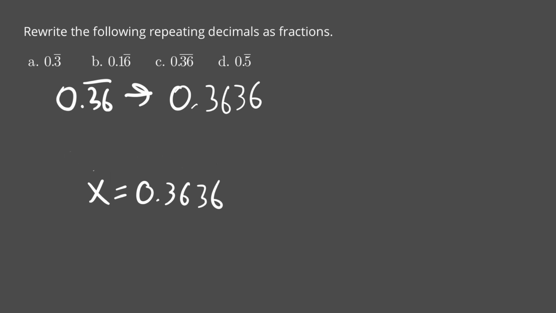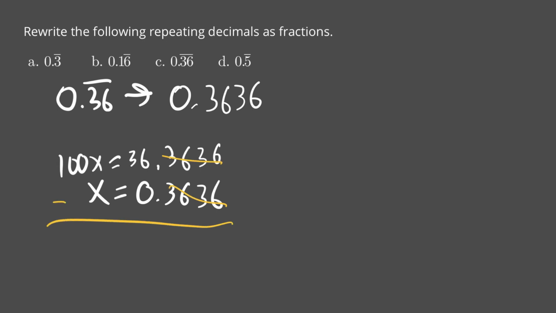Instead, we will want to do 100x. That looks like 100x equals 36.3636. Now our trailing decimals line up perfectly to cancel when we do our subtraction problem. So as we simplify this, we will get 36 equals 99x.